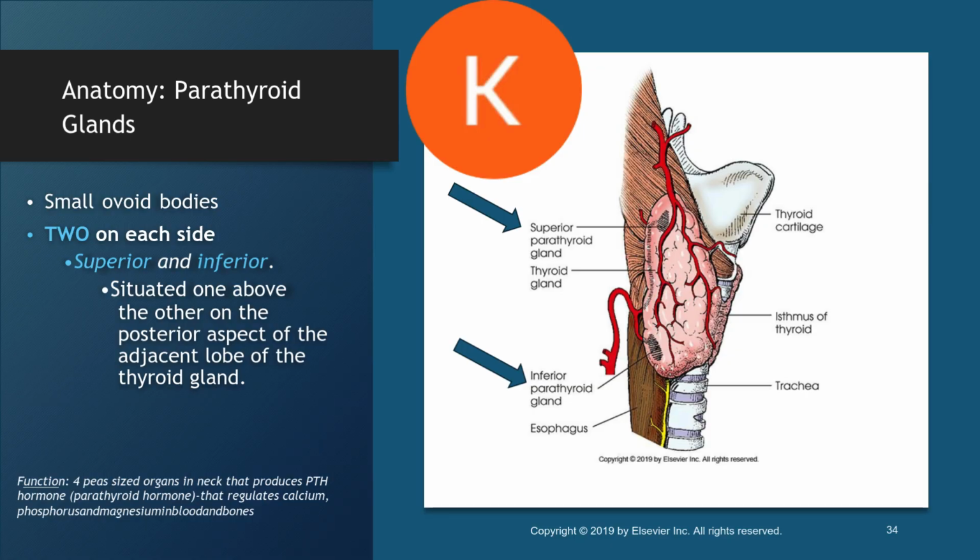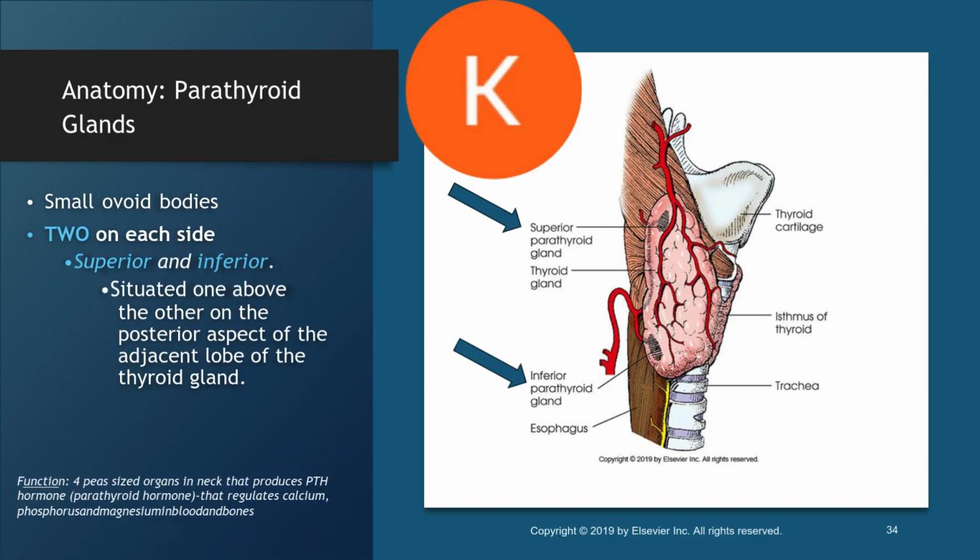Okay, here we see the anatomy of the parathyroid glands. It's small ovoid bodies. It's two on each side. We have the superior and inferior. It's situated one above the other on the posterior aspect of the adjacent lobe of the thyroid gland. The function is four pea-sized organs in the neck that produce PTH hormone.